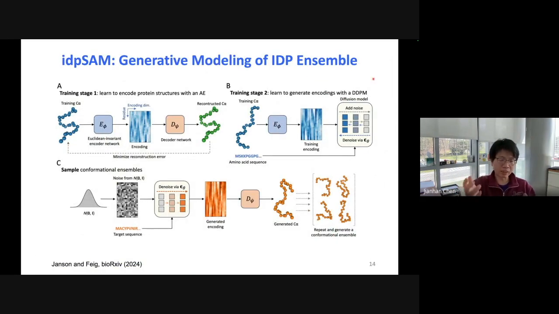Yet another example, which I think is probably the most exciting one, is done by one of my friends, Michael Feig at MSU. He developed a generative model called IDP-SAM. It's a transferable generative model for generating IDP ensembles without going through simulation. The training data was not generated by a CALVADOS model.